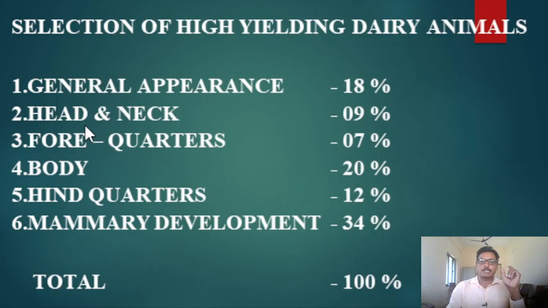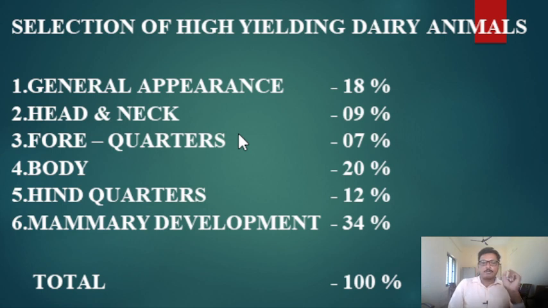In individual selection, there are 6 types of characters that we have to identify, and these 6 characters have different weightage.